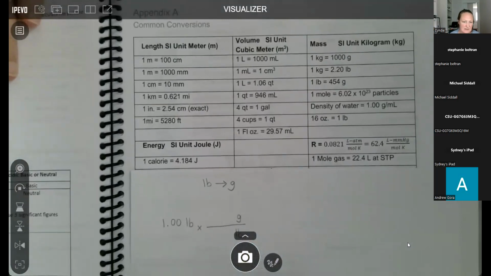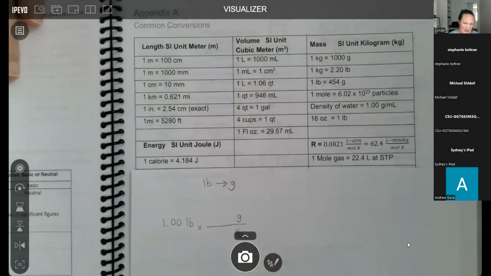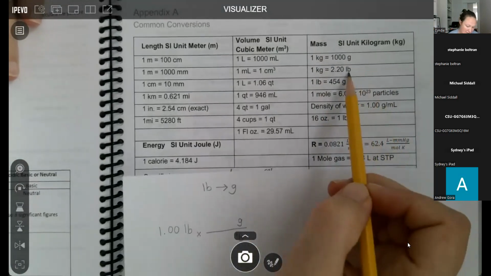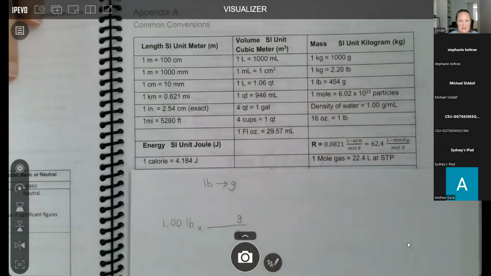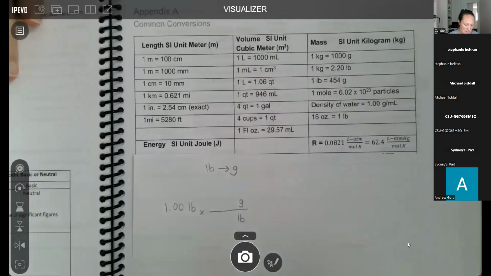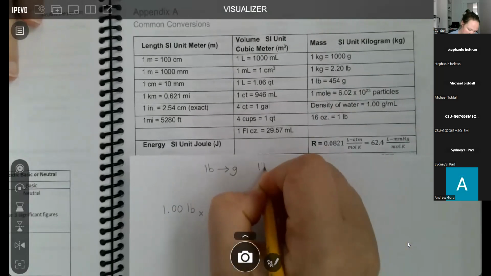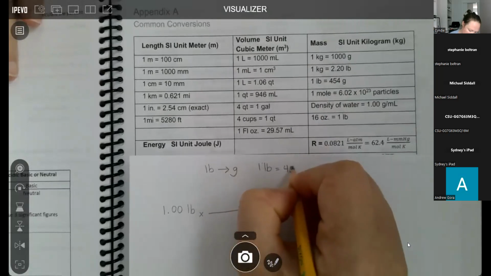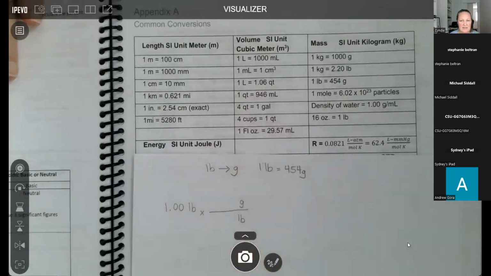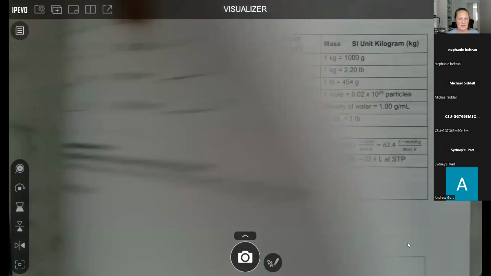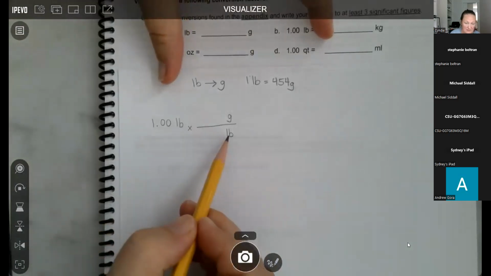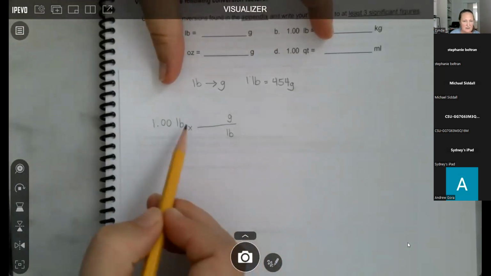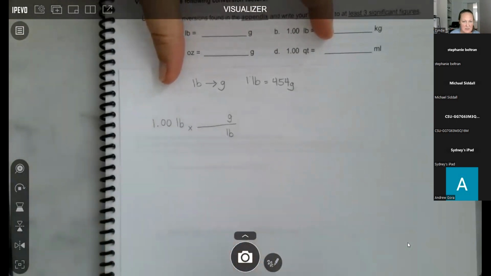Okay, so let's see. This is a mass. Grams, pounds are all masses. So we'll look under mass. And it does say there is a way to go from pounds to kilograms, but I also see pounds directly to grams. So that's going to be simpler. So I know 1 pound is equal to 454 grams. And that is the important one that I'm going to use here. I make sure that the units are going to cancel. So since pounds is in the numerator, that needs to be in the denominator.